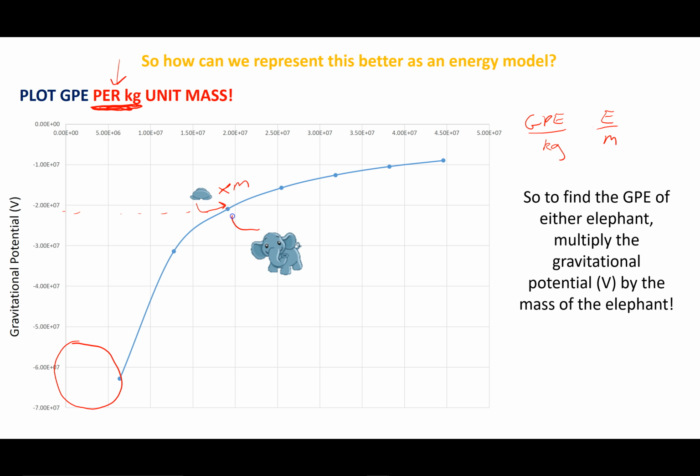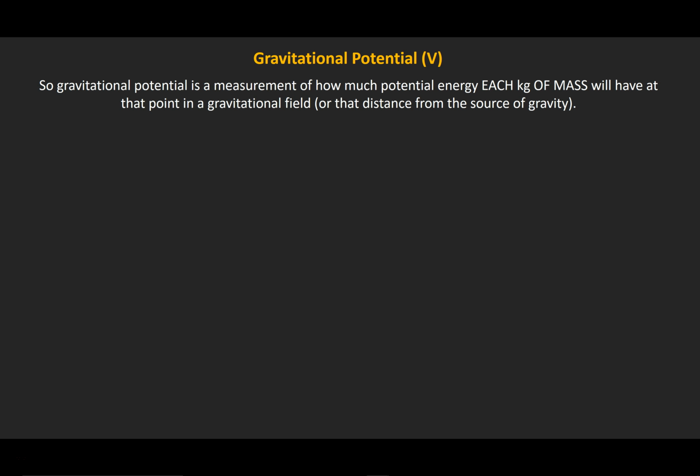And I do the same for this elephant, times by the larger mass. In all of this, gravitational potential, just like electric potential, is given by the letter V, capital V. And so I basically have a term now that gravitational potential energy is the potential times the mass of my object. So gravitational potential is how much potential energy each kilogram of mass has at a point in a gravitational field.